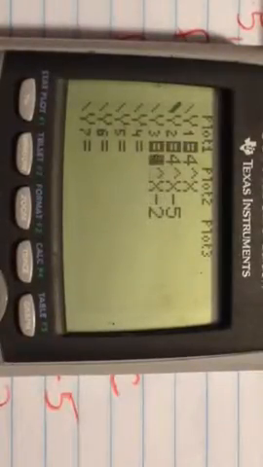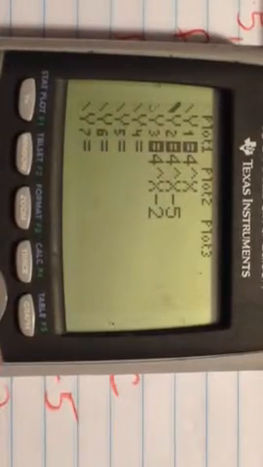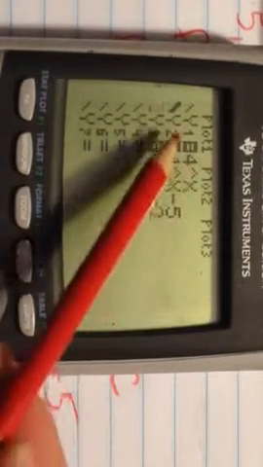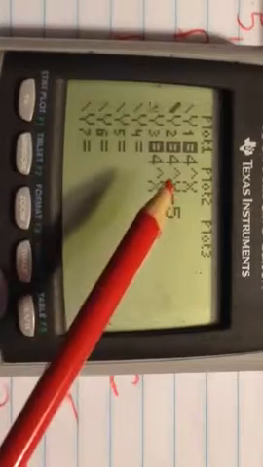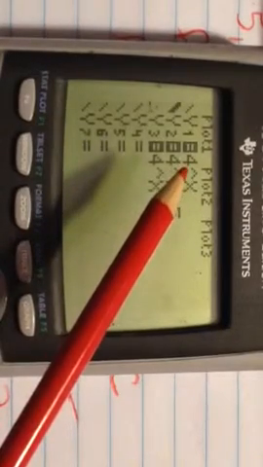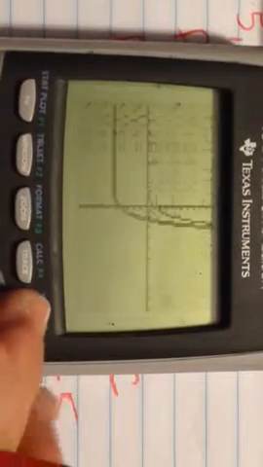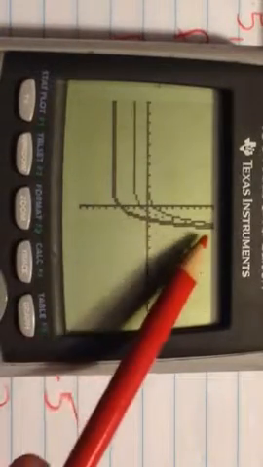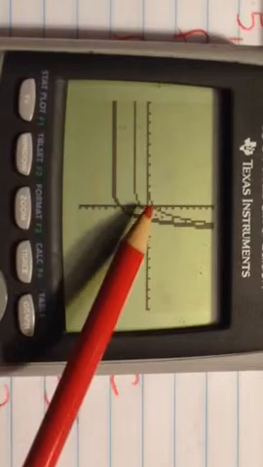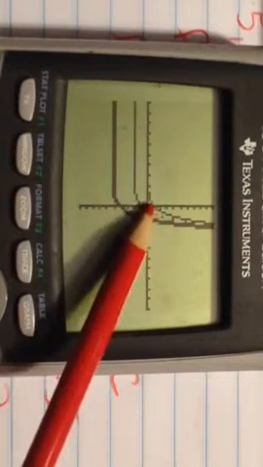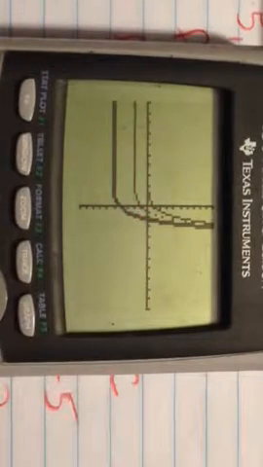We can hit enter again, and there it is, a dotted line, and when we hit graph, there it comes. So yes, from the original, it moved down 2 places.